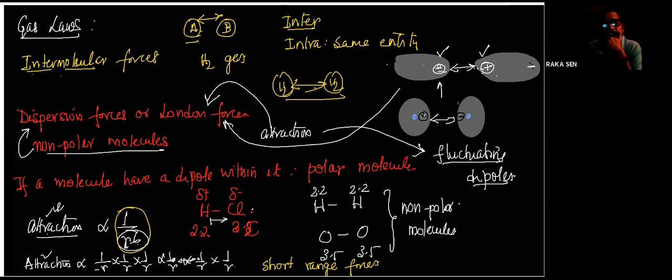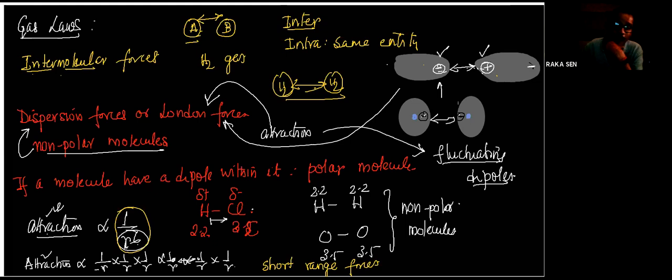It's a very short range force. If I change the distance slightly, taking the molecules a little further from each other, this kind of attraction just vanishes. This attraction is only there when the two molecules are sufficiently close to each other.